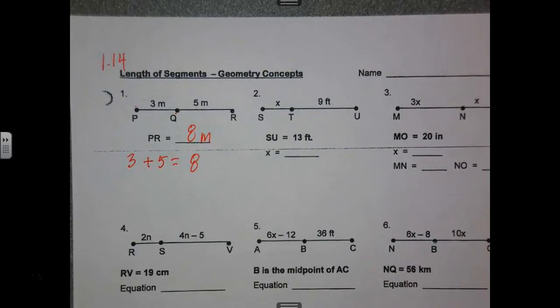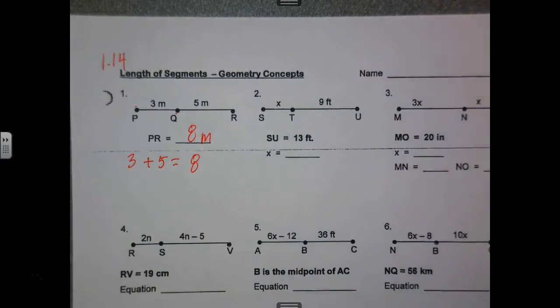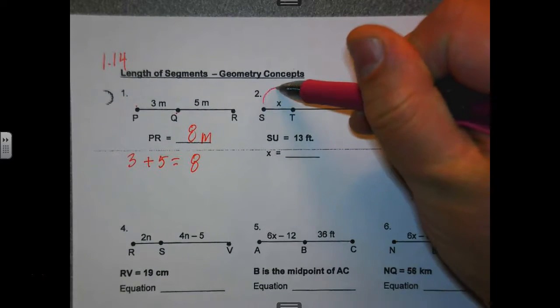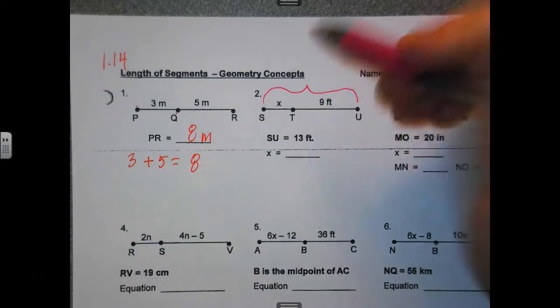Not a hard concept. What about number 2? My big segment here is SU. From S to U, they actually give us this length. It's 13 feet.